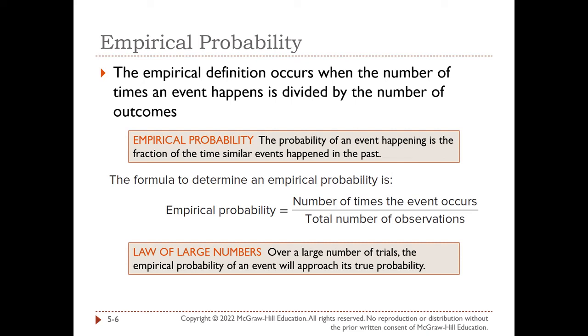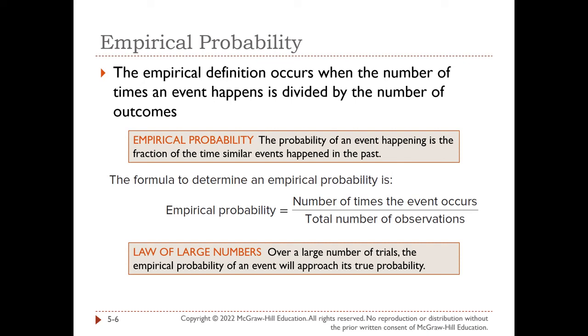Another example of a firm using empirical probability is when life insurance companies use past data to determine the acceptability of an applicant, as well as the premium to be charged. Wow. They even give an example of Stephen Curry.